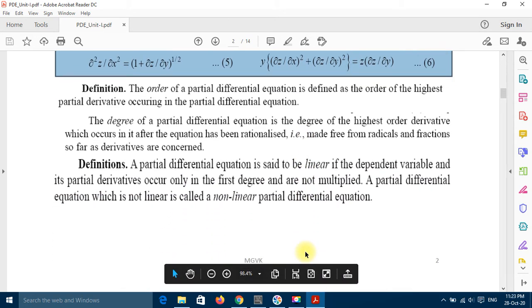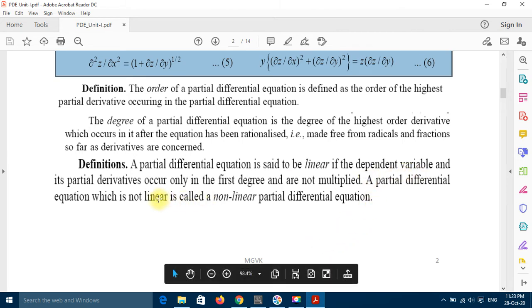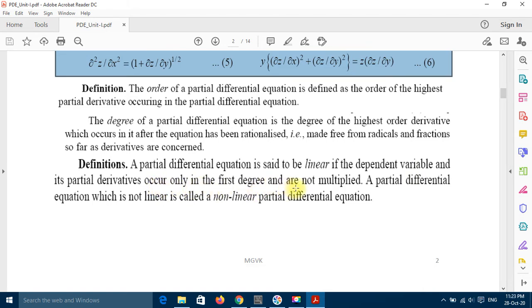A partial differential equation is said to be linear if the dependent variable and the partial derivatives occur only in first degree and are not multiplied, means the product of partial derivatives and the dependent variables or the product of partial derivatives does not occur, and only partial derivatives occur in single degree 1, then the differential equation is said to be linear partial differential equation.